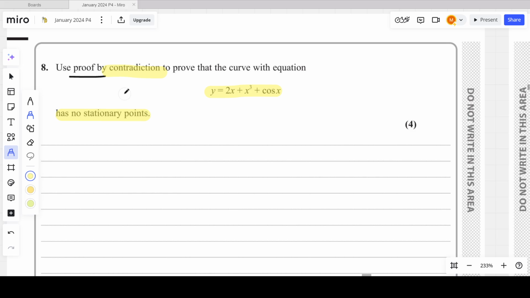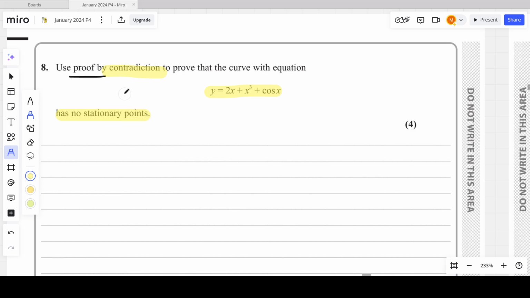Proof by contradiction. Try to understand what the word contradiction means. Contradiction means telling something from the opposite. So basically what we will do in proof by contradiction is start the proof from the opposite.